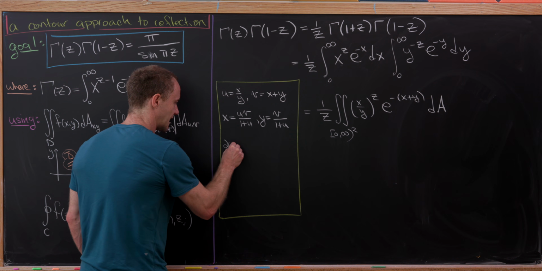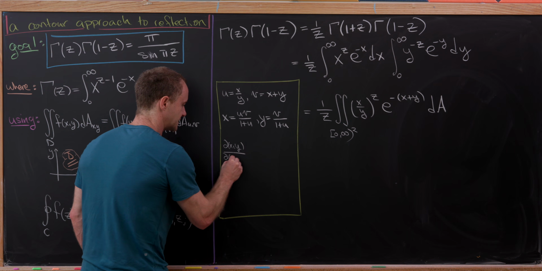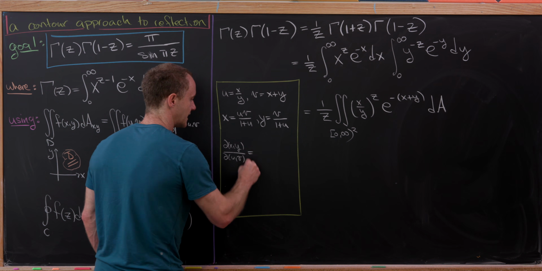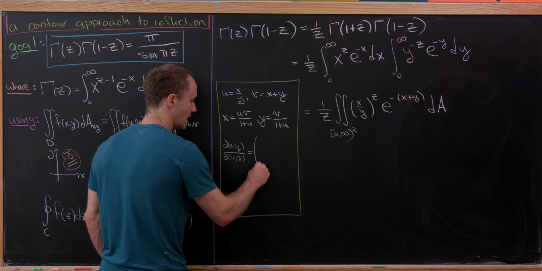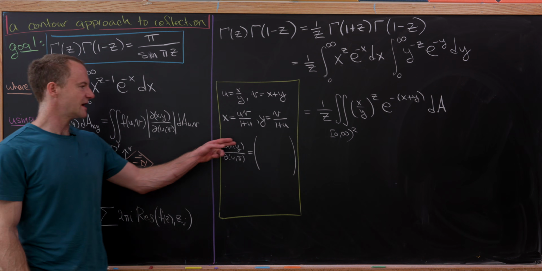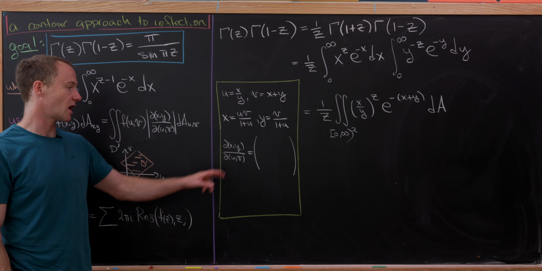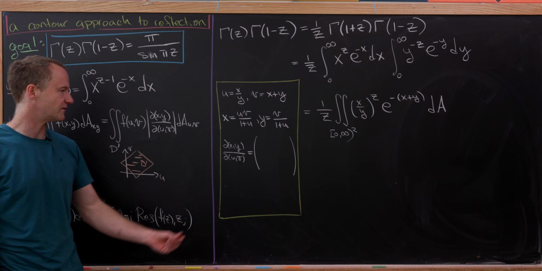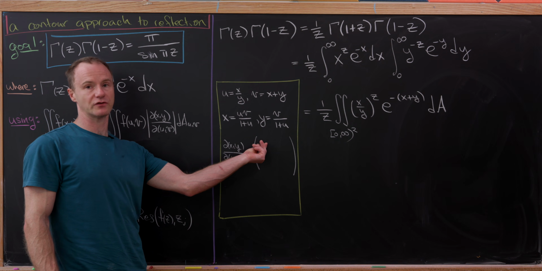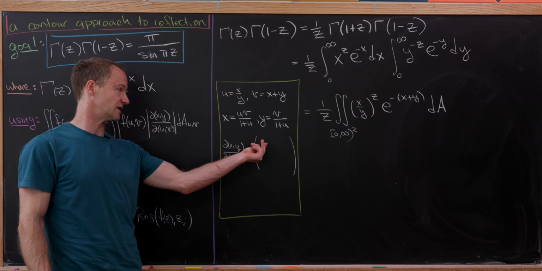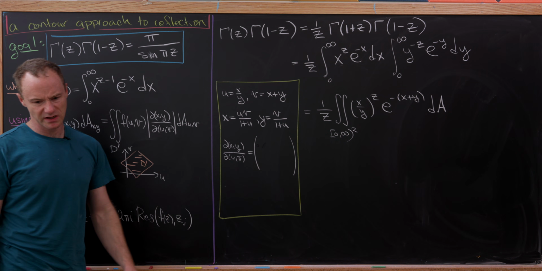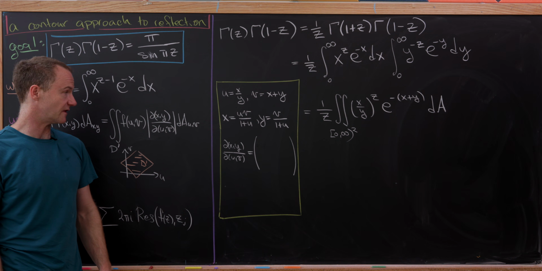So we've got partial xy with respect to u, v. Okay, nice. So what will that be? So it's a matrix where the rows have to do with the functions x and y, and the columns have to do with derivatives of u and v. So right here we'll have the derivative of x with respect to u. So you can pretty easily calculate that.